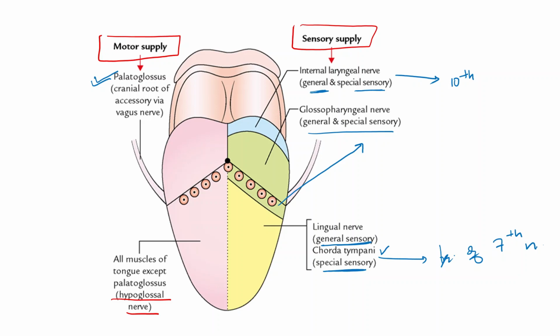So the anterior two-thirds is supplied by the 7th cranial nerve, the posterior one-third by the 9th cranial nerve, and the valleculae, which is the posterior-most part, by the 10th cranial nerve. So this is about the sensory supply of the tongue.